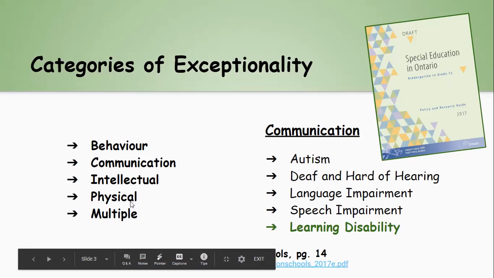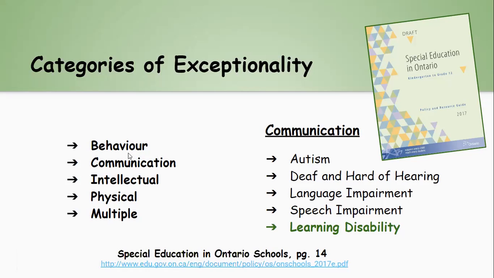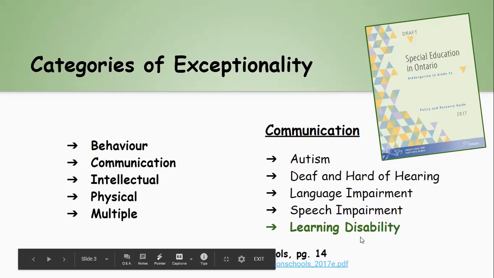We do not have a category for ADHD, but often ADHD kids will have behaviors if they are severe and intense and exist for long enough, they may meet behavior criteria within a board. Often there's comorbid or dual diagnosis with ADHD, so perhaps they would be identified under the communication realm of a learning disability if we had the data to support those.